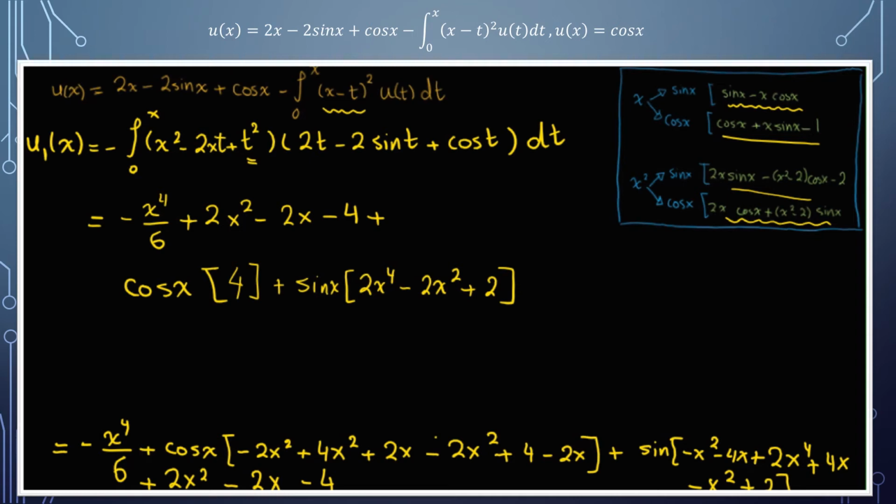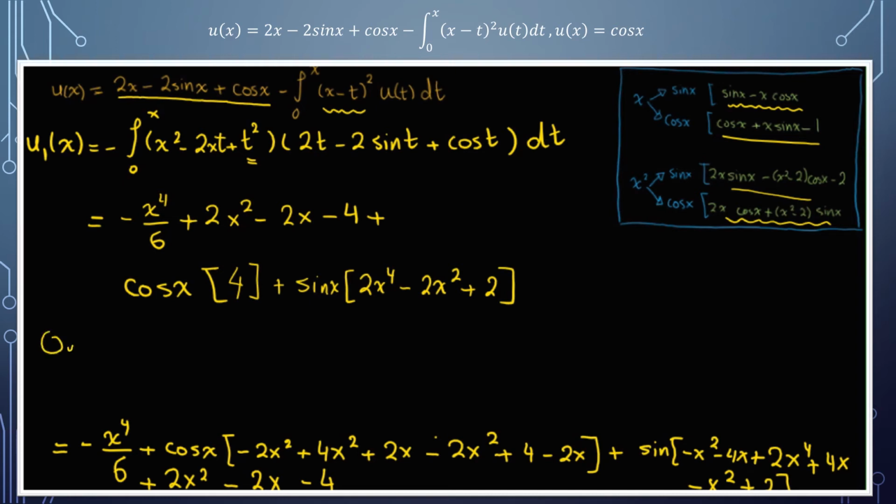Now we should look at u naught of x, which is the f of x here, which is 2x minus 2 sine x plus cosine x. Let's search where the noise terms are. First of all we have here minus x and we have plus x.